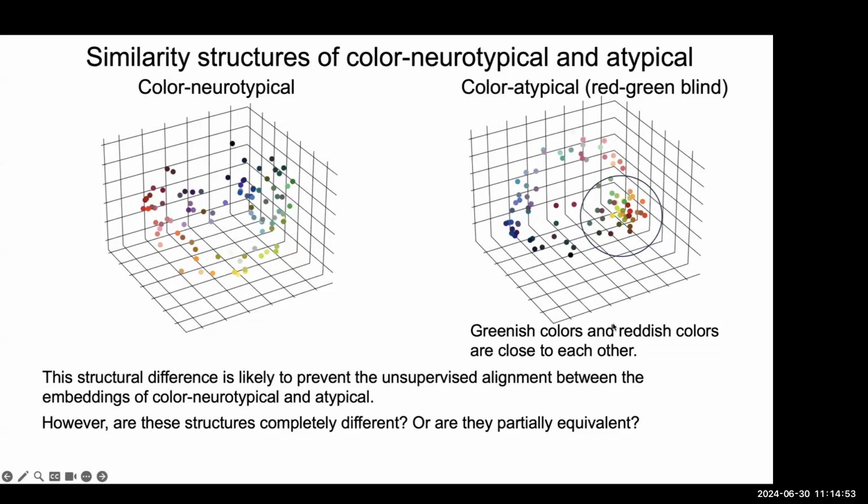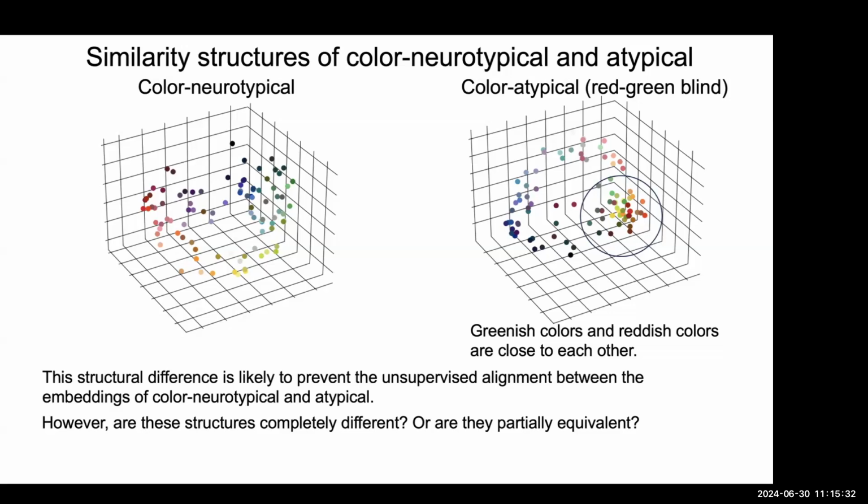Greenish colors and reddish colors are close to each other, while greenish colors and red colors are far apart in color neurotypical participants. So this structure difference is, of course, likely to prevent the unsupervised alignment between the embeddings of color neurotypical and atypical participants. You might think this is natural because we already know well that these people are really different in terms of color perception.